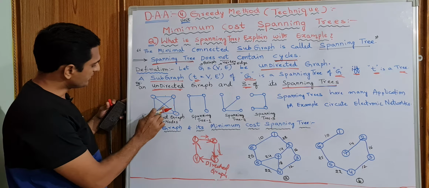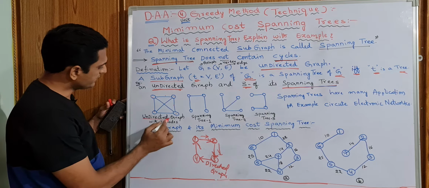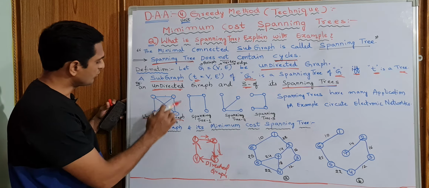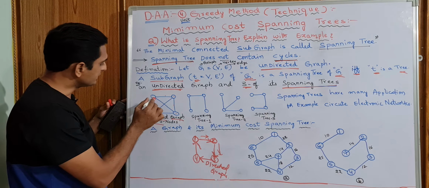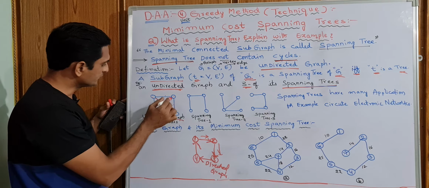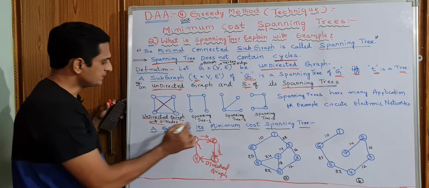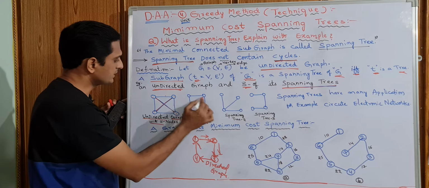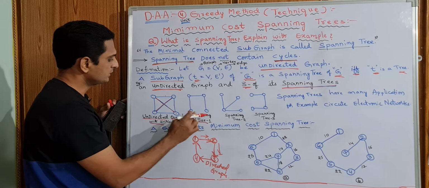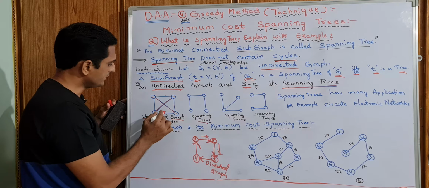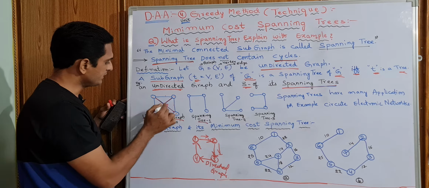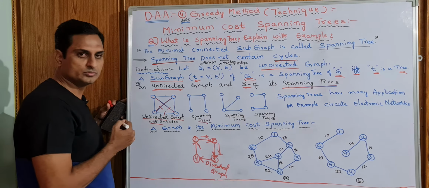For example, this is an undirected graph. No directions are given, but it has loops and repetitions. This is spanning tree 1. It doesn't have any loop. Here this line is removed, and this line and this line are removed.